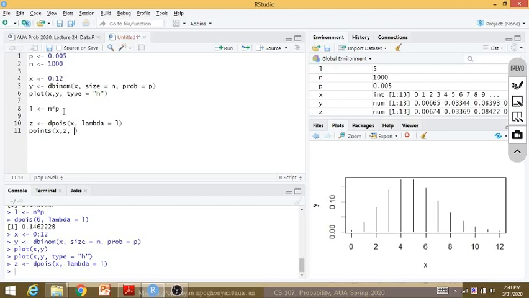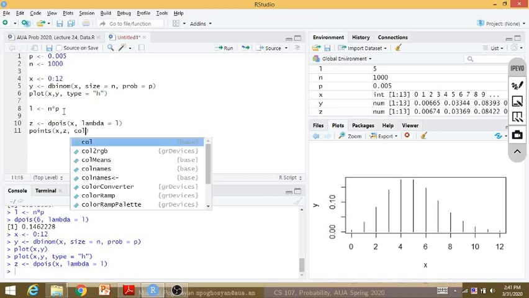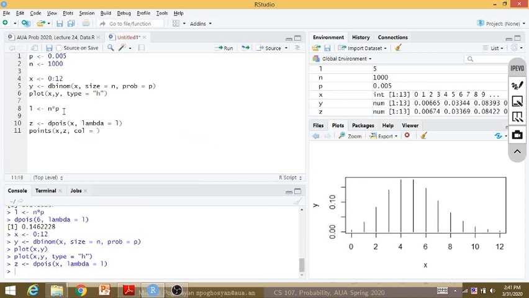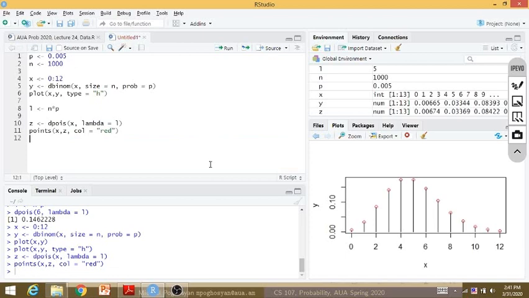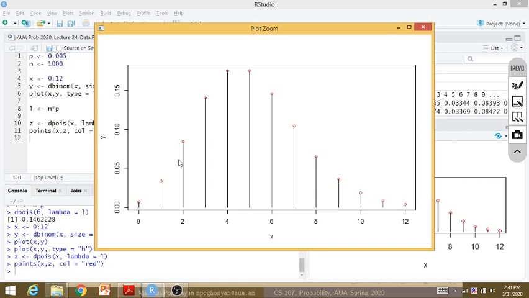And let me just give a color, say red. And you can see that I have pretty much close values for both binomial and Poisson probabilities.